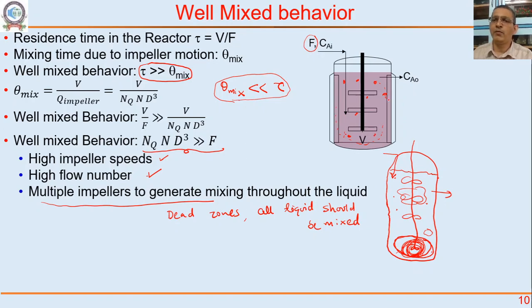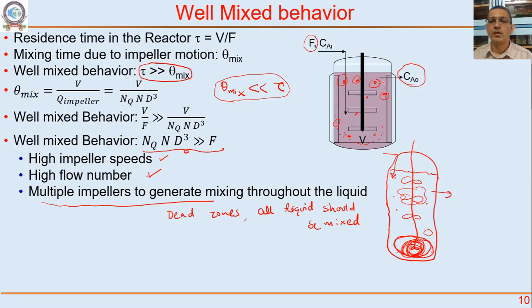And then you can find out what is the rate of reaction here, here, here, and here. And then add up all those. That together will tell you what is the total rate of reaction, and that will decide your concentration of A going out. Conversion you can calculate.